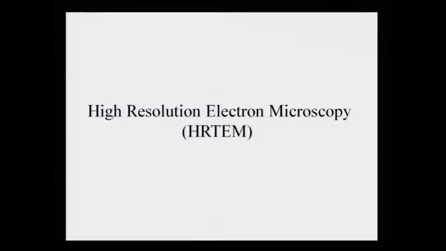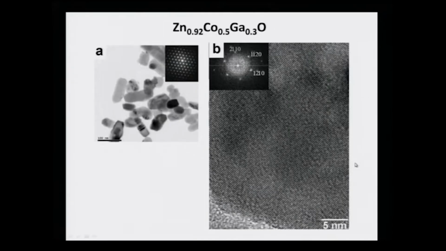So, first we will show you some examples which I even showed you in class 1, before the last one. This is basically an image taken on cobalt and gallium doped zinc oxide. The left hand side shows the normal bright field image of zinc oxide doped with cobalt and gallium, with an electron diffraction pattern taken along the 0001 zone axis.